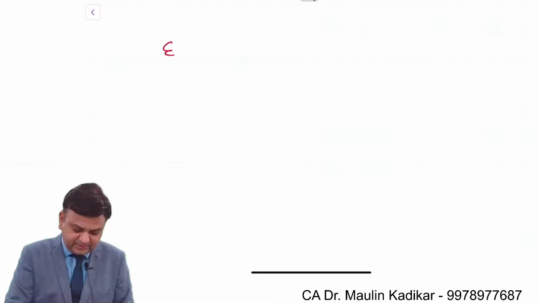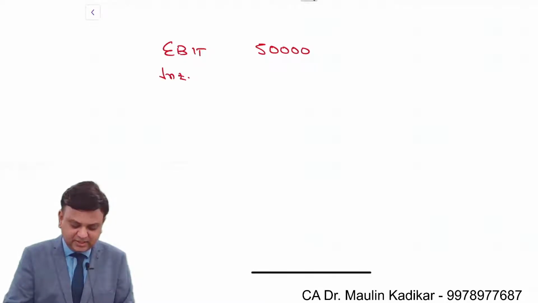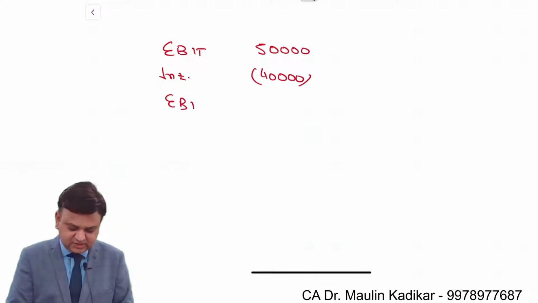For example, EBIT is, let us say, 50,000. Interest is, let us say, 40,000. Earning before taxes is 10,000.